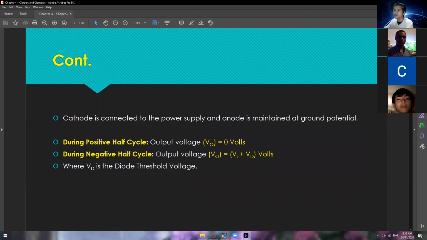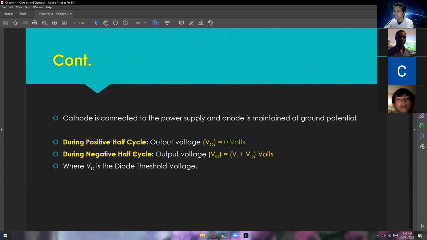Here is the summary for the series positive clipper, and the formulas you are going to use in a positive half cycle or a negative half cycle. This one is strictly for the series positive clipper only. During the positive half cycle, our V sub O is 0 volts since it is in reverse bias and will not allow voltage.